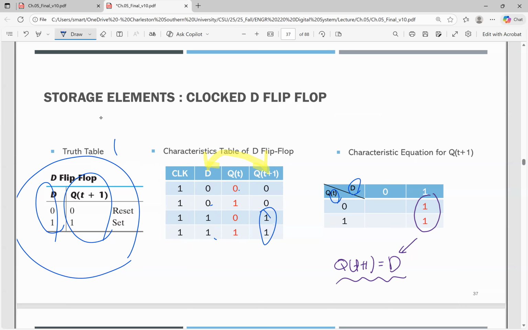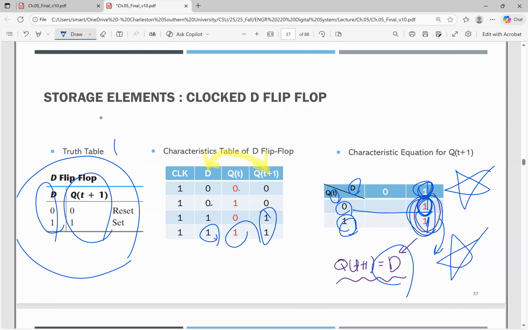So right there, 1, 0, 1, 0, 1, 1. So that was the groupings, and D is the characteristic equation for Q of T plus 1.